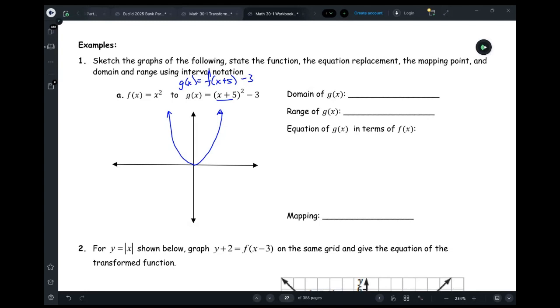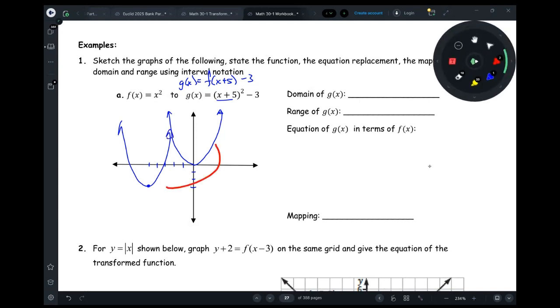So what's going on here is this graph is moving 5 units to the left, so 1, 2, 3, 4, 5, and then 3 units down, 1, 2, 3. So my vertex is now right here, and then it's going to open up like that. So this function became this function right here. This would be my f of x, and over here, this would be y equals g of x.